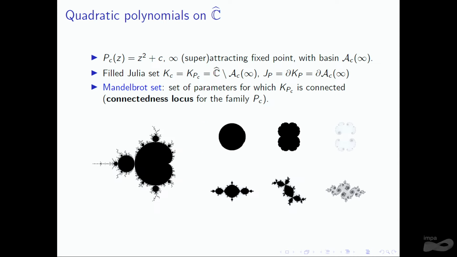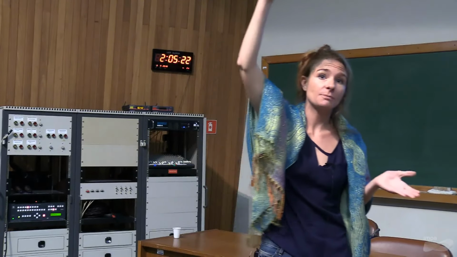We are interested in the dynamics of quadratic polynomials acting on the Riemann sphere. The Riemann sphere is the compactification of the complex plane plus infinity, and we consider a quadratic polynomial acting on it. For any polynomial acting on the Riemann sphere, infinity is a fixed point.